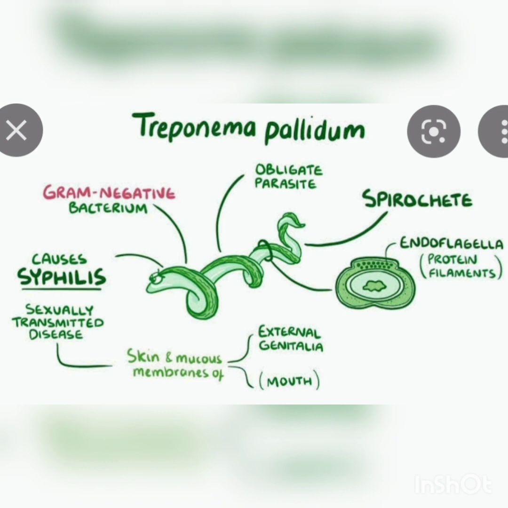Next, let us discuss the resistance of Treponema pallidum. It is inactivated by drying or by heat. It gets killed at a temperature of 41 to 42 degrees centigrade, and even at room temperature it will get killed in 1 to 3 days.